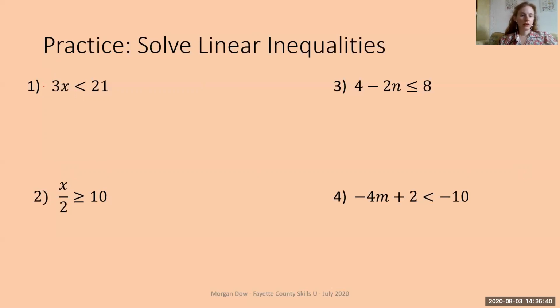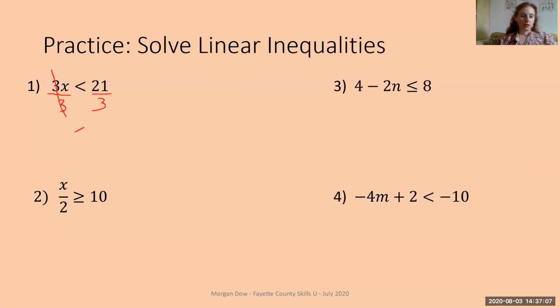Number one, when I look at the side of the inequality that contains the variable, I see multiplication. Right? It says 3x, or 3 times x. How do I cancel out multiplication? Well, I do it with division. So I'm going to divide both sides by 3. This multiplication and division cancels.